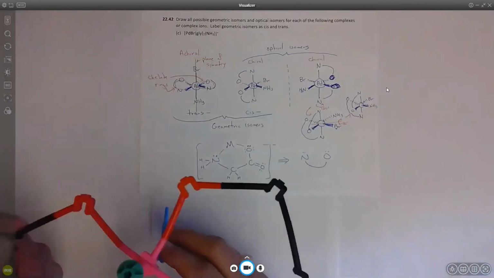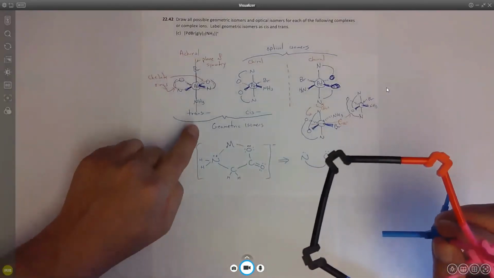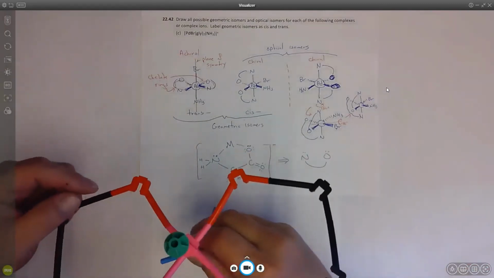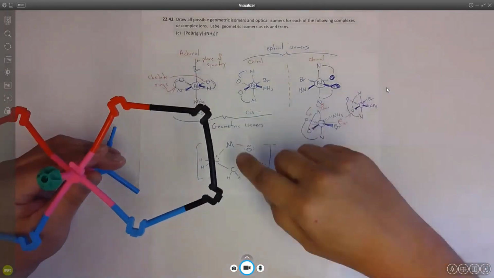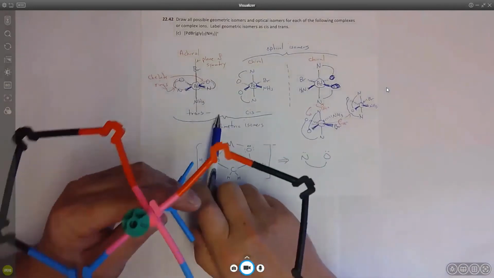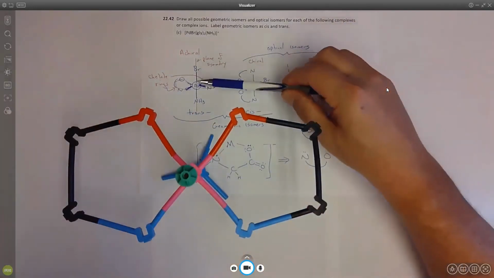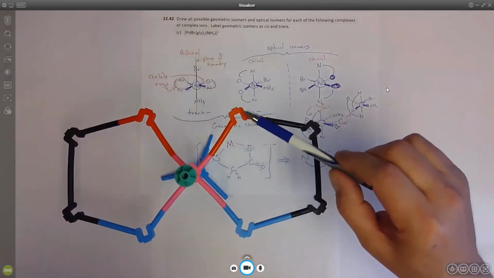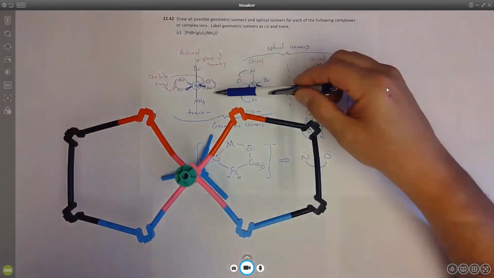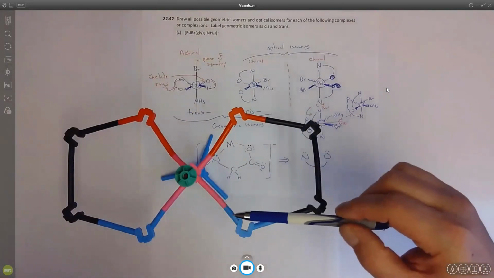Okay, next let's look at this first isomer here. So basically what you can see is that in this plane here, we have the oxygen going back connected to the nitrogen, which is now coming out towards us.